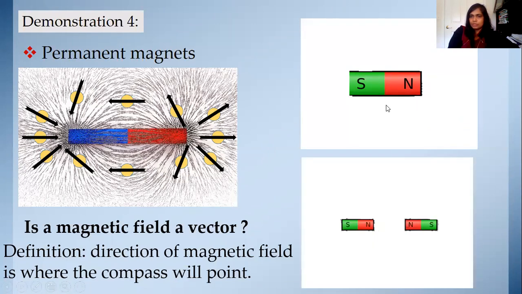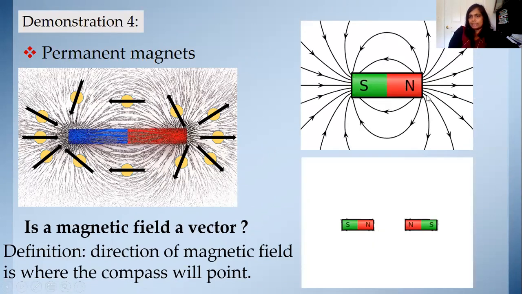If we draw the magnetic field lines, it will be like that, starting from the north pole and going towards the south pole. It's similar to electric charges, where the electric field starts from the positive side and goes towards the negative charges. Here, the magnetic field lines start from the north pole and go towards the south pole.